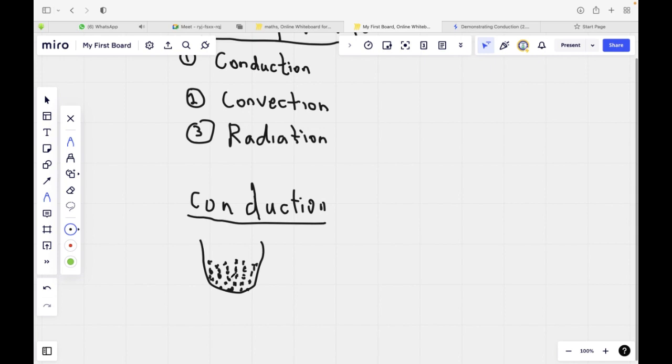The atoms do not actually move, but the electrons do move. The electrons are delocalized. They are able to move from one place to another, but the atom itself remains in its position.